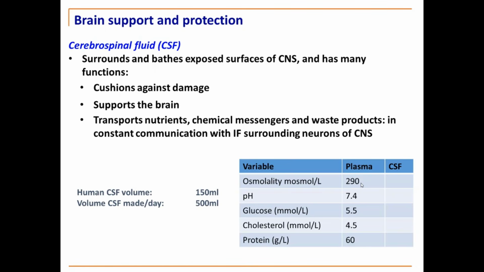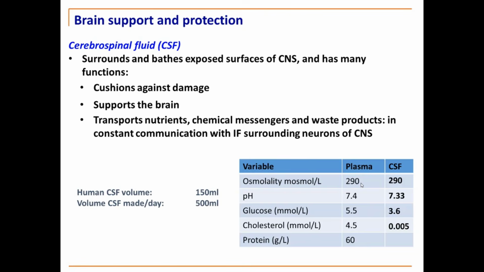So if we're looking at the osmolarity, it's about the same, about 290 milliosmoles per litre. The pH is a little bit lower, 7.33. The pH is thought to be a bit lower due to the increased amount of CO2. The glucose levels in CSF are lower as well than in the plasma.